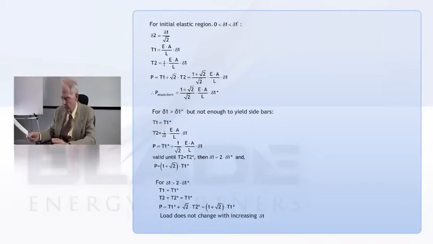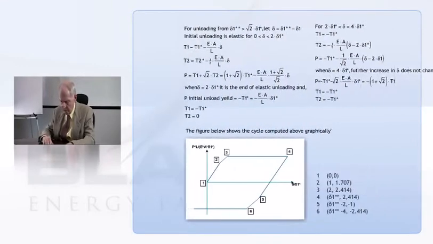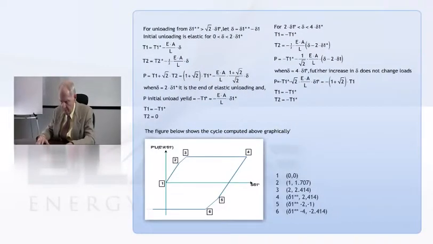And that appears on the next slide, where there's a graph of a dimensionless load versus a dimensionless displacement. It's like a stress-strain curve. This curve is drawn to scale, at least as I remember when I drew it.